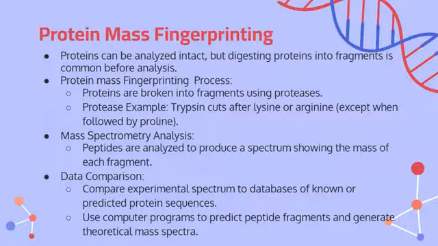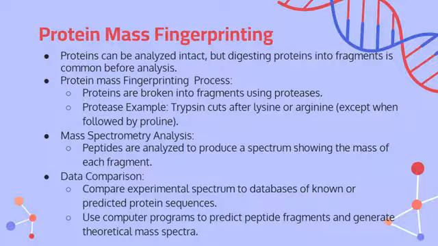So, protein mass fingerprinting. This is where proteins can be analyzed intact or by digesting proteins into fragments, which is also common before analysis. In the protein mass fingerprinting process, proteins are broken down into fragments using something called a protease, which is an enzyme that breaks down protein.